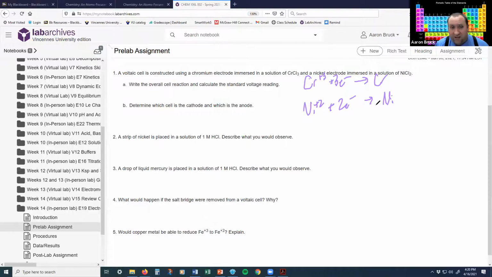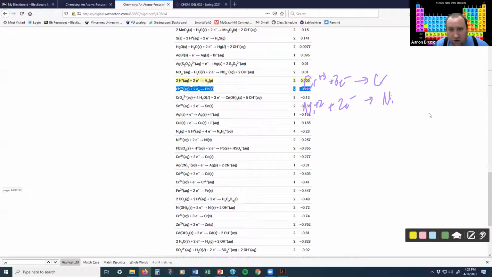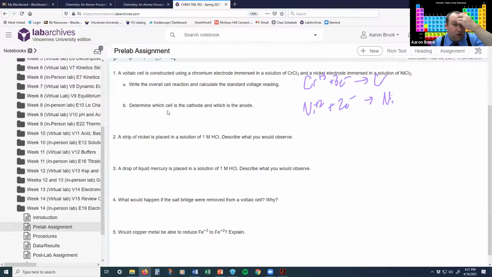Now, you are going to have to get this all balanced from a charge standpoint. So be advised that 3 and 2 are not the same number, and you are going to have to adjust the coefficients to get the electrons in versus the electrons out to match. But you would use the table of values here to figure out what the cell voltage is and what the anode and the cathode are.